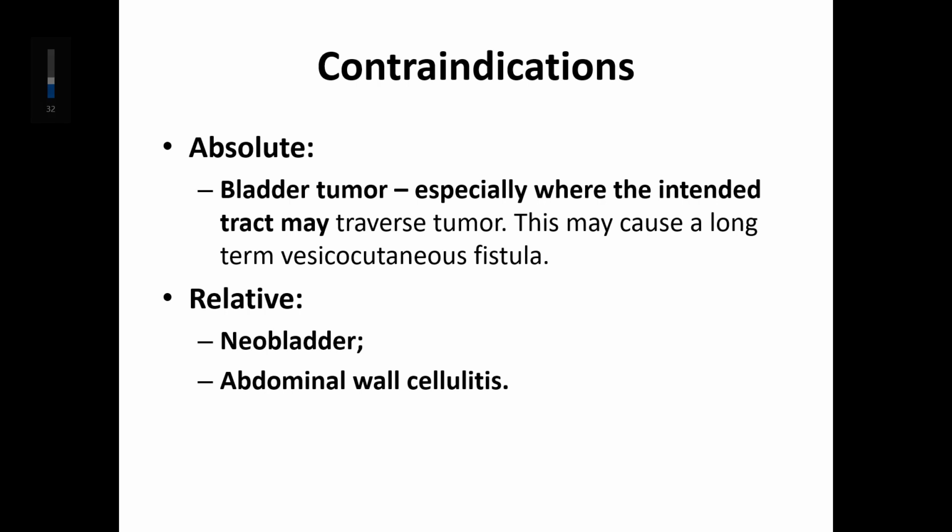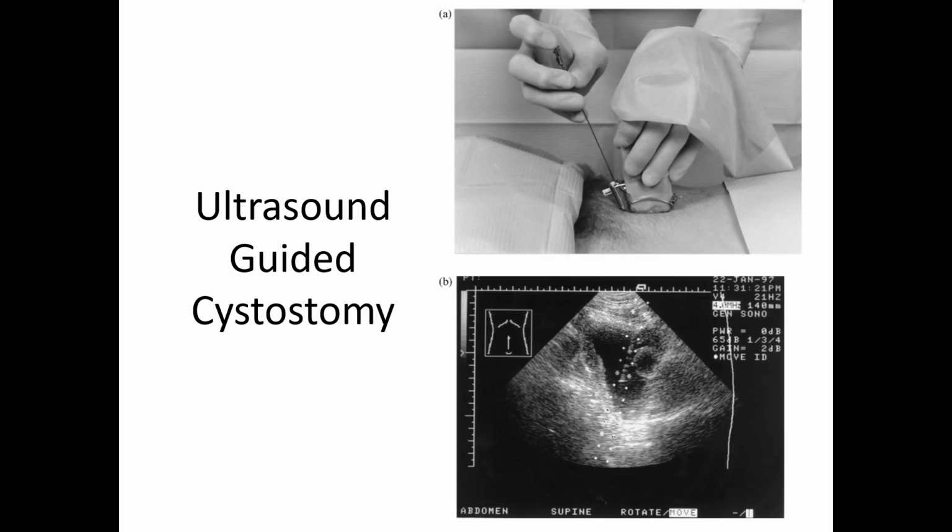It's sometimes also difficult because there are a lot of loops of bowel and disturbed anatomy, so there's a possibility of puncturing or injuring the surrounding bowels. Abdominal wall cellulitis, because it may induce infection inside the bladder.